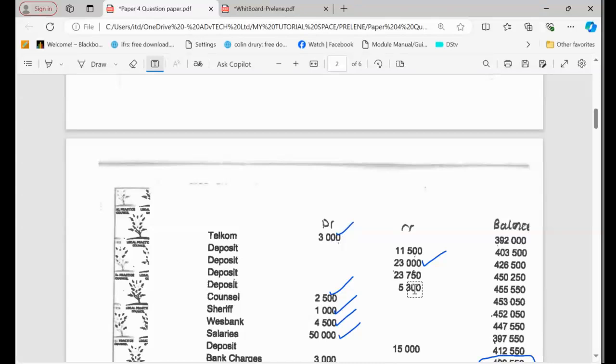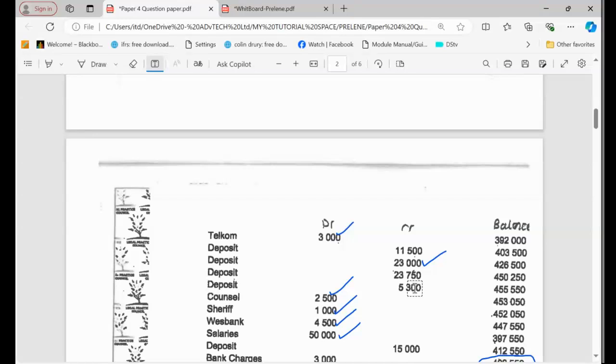Are you with me? Yes. These monies were not supposed to be reflecting on the bank statement. So it means the error is found on the bank statement. And the errors found on the bank statement must always be rectified in the bank reconciliation statement. I'm not talking about the cash book.